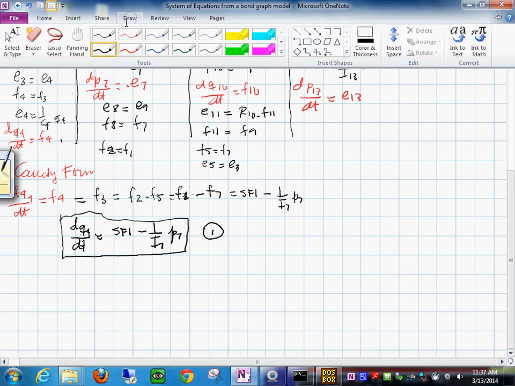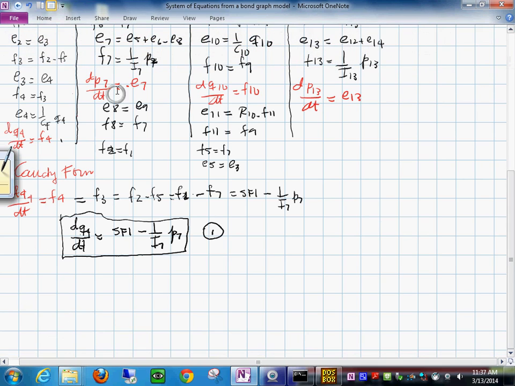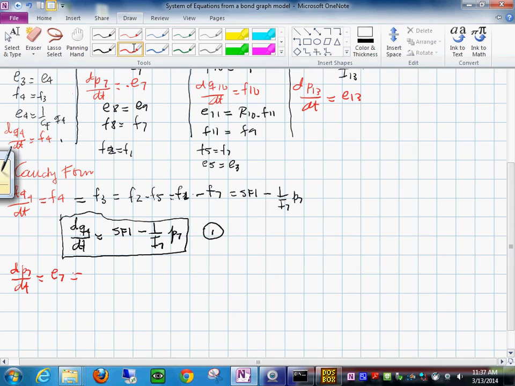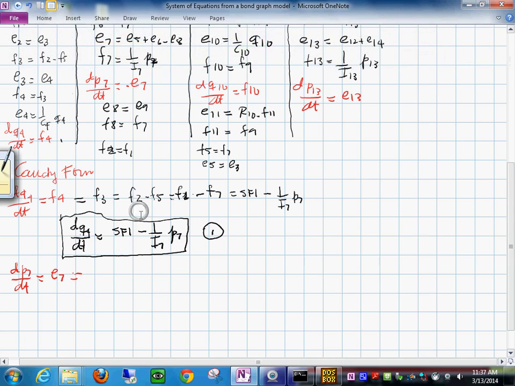So the second one that we have is dp sub 7 dt. And this is equal to E sub 7. So let's keep going on doing the substitutions now. And E sub 7 is equal to what?